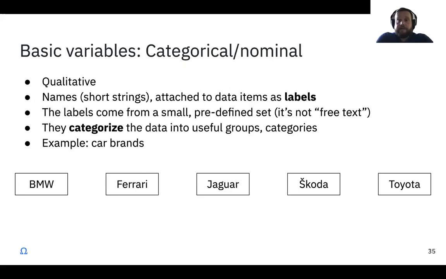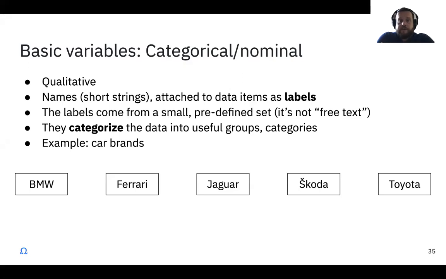And them being labels means that they come from a small predefined set, so it's not free text. In classification, if you're doing AI, you can use those as classes. That's how they behave, and they categorize the data into useful groups or categories.